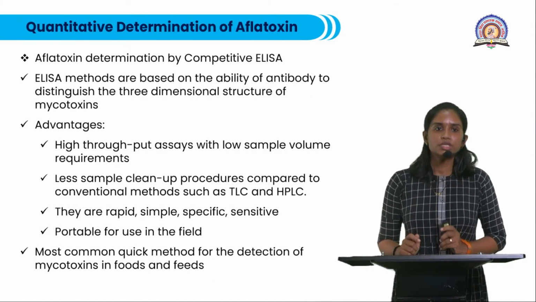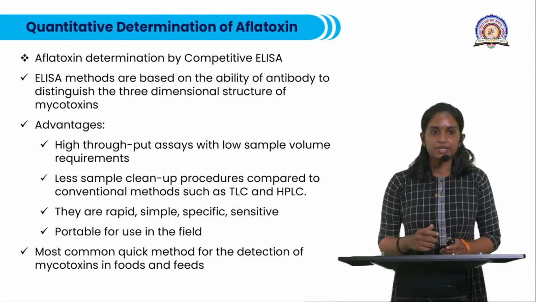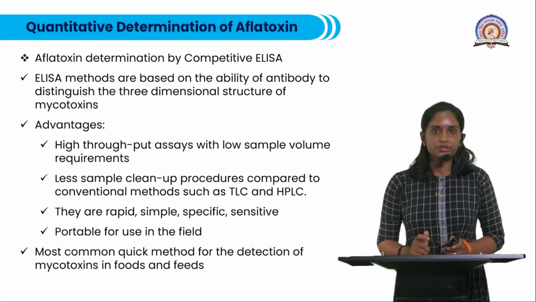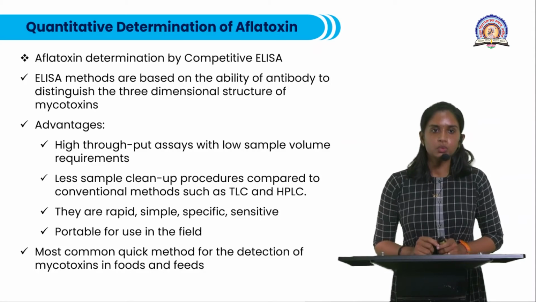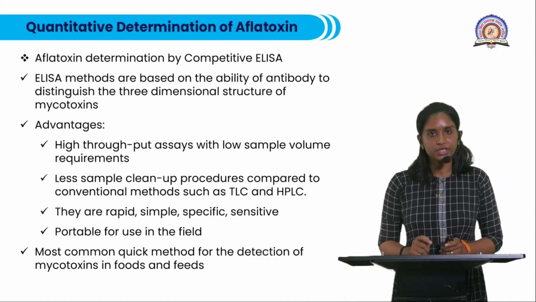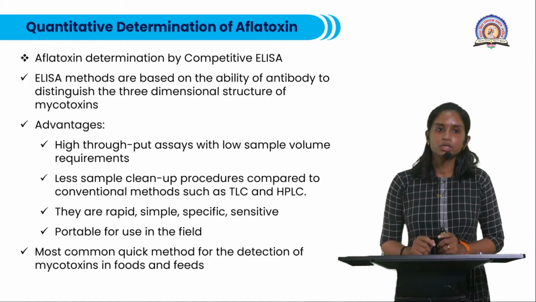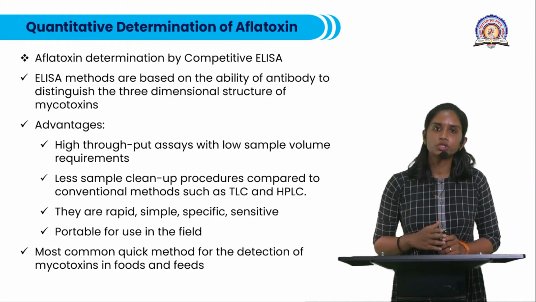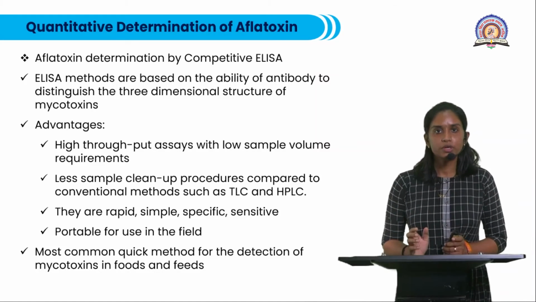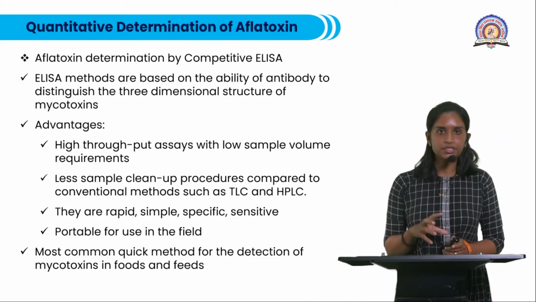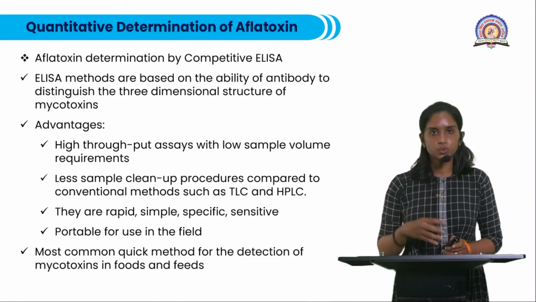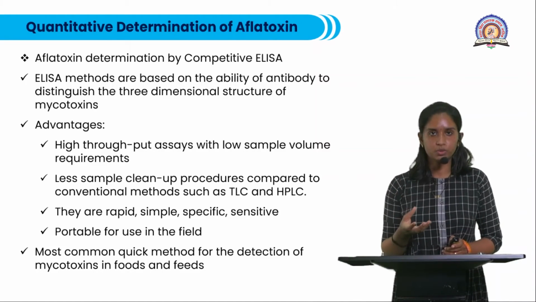So now aflatoxin determination by this competitive ELISA technique. ELISA methods, as we have discussed just now, are based on the ability of antibody to distinguish between the three-dimensional structure of mycotoxins. Now what we have seen here is antigen is detected by using suitable or specific antibody molecule.